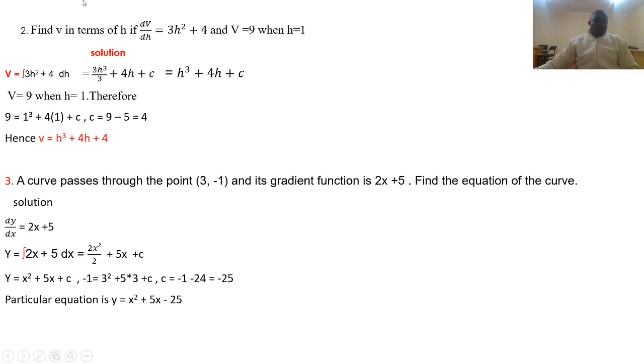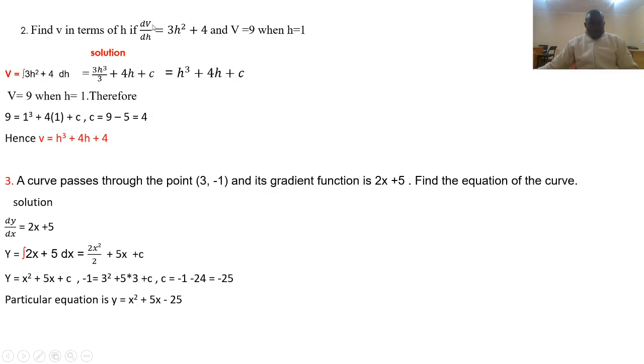Number 2, find v in terms of h, if dv over dh equals 3h squared plus 4, whereby v is equal to 9 and h is equal to 1. So we find v.